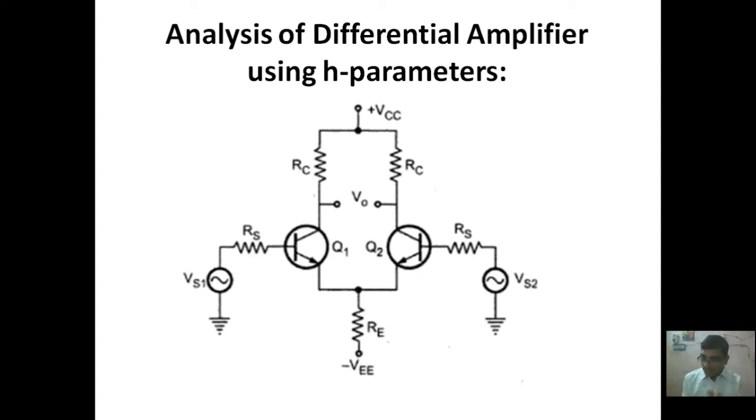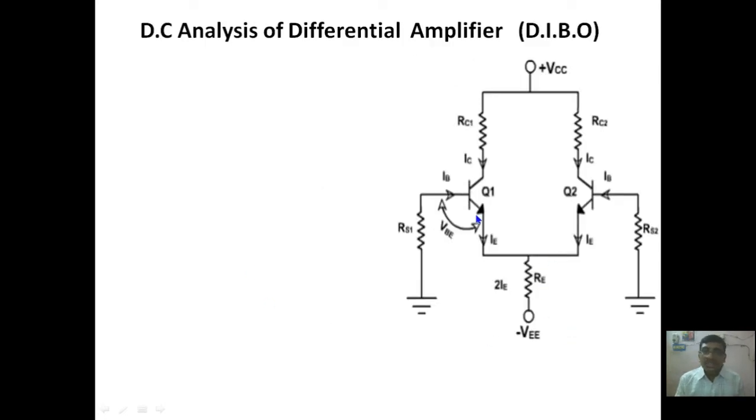To do the DC analysis, we first have to obtain the DC equivalent circuit. The DC equivalent circuit should not contain any AC sources. Here you can observe that VS1 and VS2 are the AC signal sources, and these two AC signals must be grounded. So the DC equivalent circuit of the dual input balanced output differential amplifier will be like this.